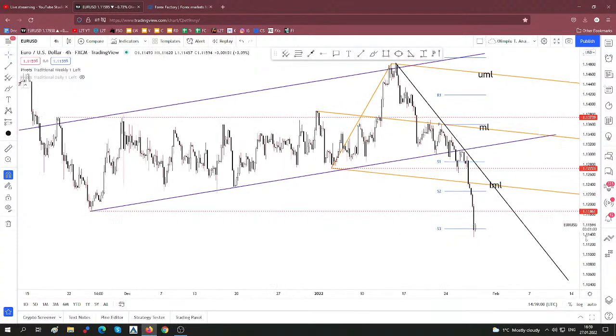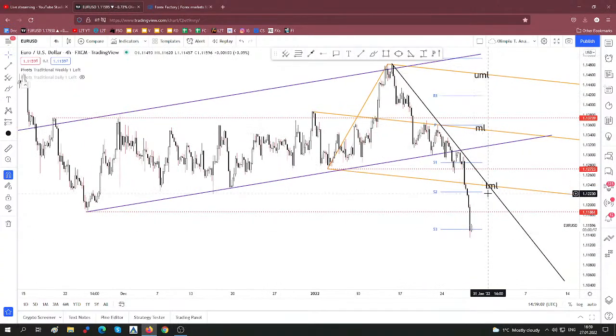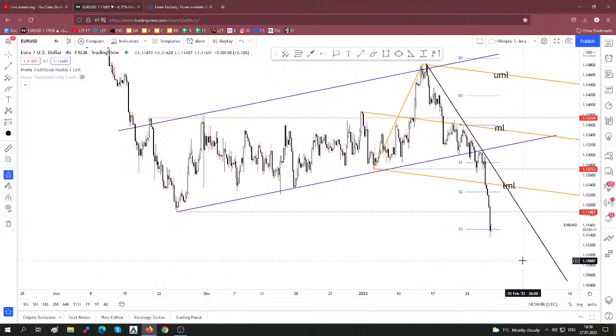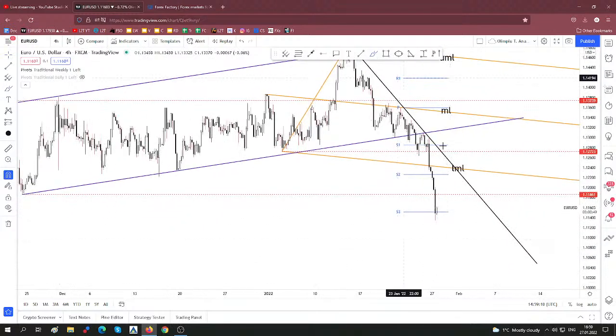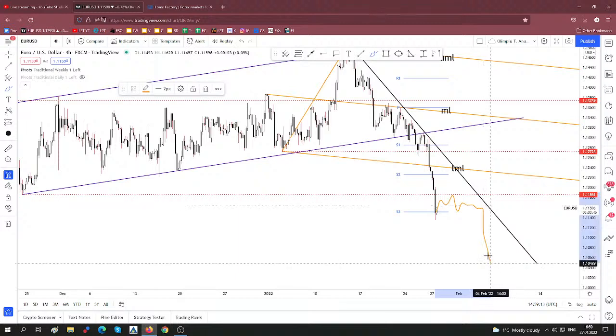I'll wait for great opportunities like this one, a temporary rebound here before extending its downside movement. Also here something like a sideways movement, a distribution, a range pattern here, a new lower low could open the door for a larger downside movement. So I'll wait for something like this on this market.